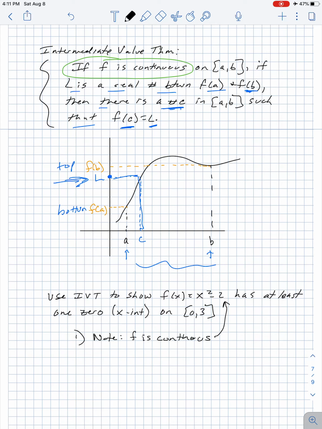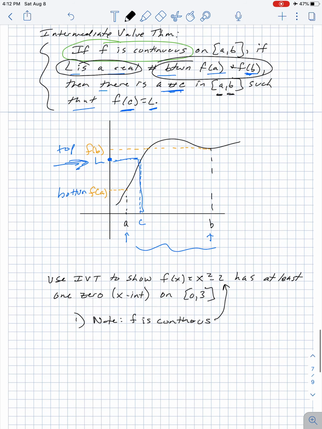Now, also, we want to know that L is a real number between f of a and f of b. So the first thing that we need to know is, what is f of a and b? Okay, a and b are the parameters of your interval. So in our case, that's going to be 0 and 3. So the next thing we need to do is find what is f of 0 and what is f of 3.